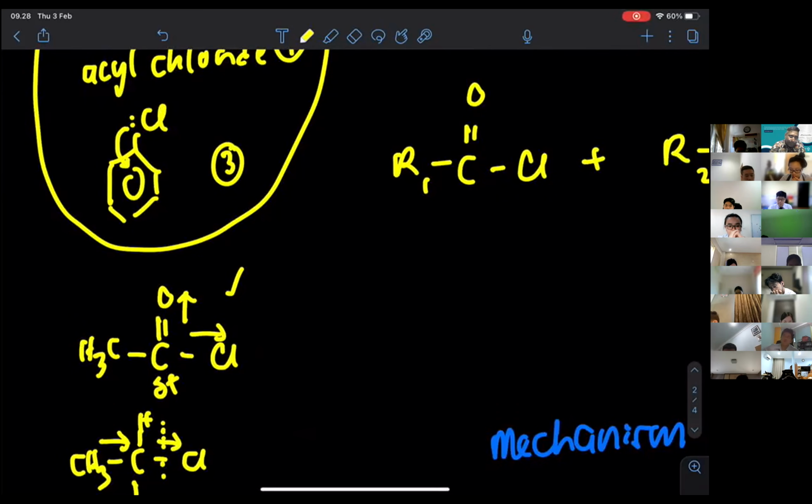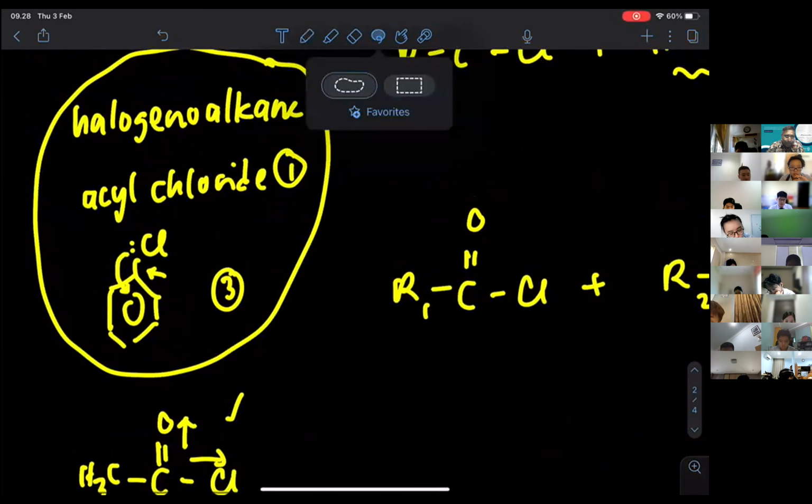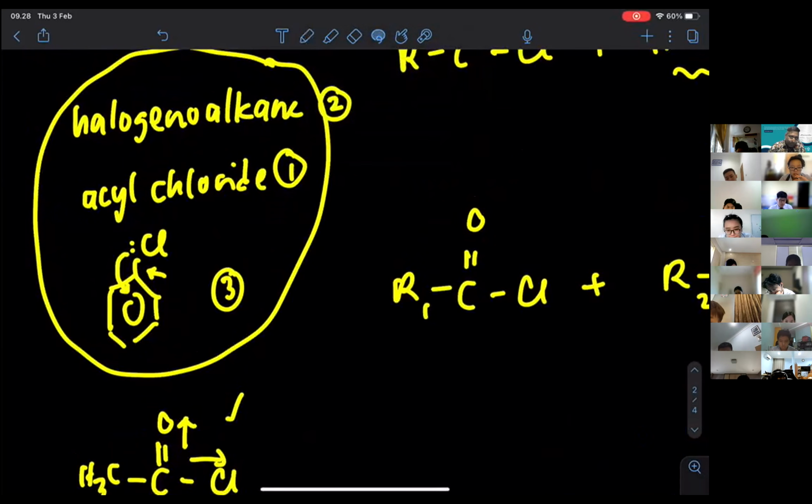It gives a double bond character between the carbon and Cl, making it less available to be broken. Therefore the bond energy between the carbon and Cl is quite high in comparison with halogenoalkane and acyl chloride. So that's why it comes at position number 3.